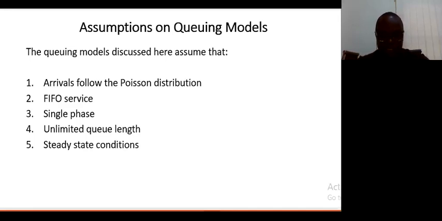Then the fourth one is unlimited queue length. That is infinite queue length. We do not assume that there's a restriction to the queuing length of the model that we discuss here. And we also assume that all of these things take place at steady state condition. All right.